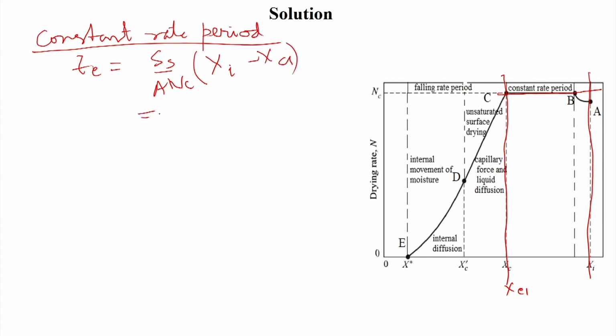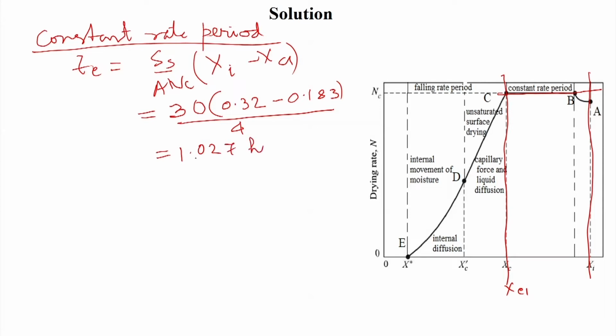Ss by A we know, this is 30, and xi is equal to 0.32 and xc1 is equal to 0.183, divided by Nc is equal to 4. So, in terms of hours, that is 1.027 hour. So, we have obtained Tc is equal to 1.027 hour.